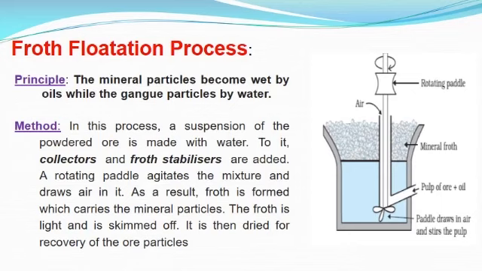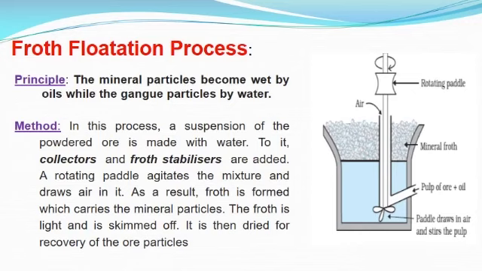The main principle behind this process is that the mineral particles become wet by oils while the gangue particles become wet by water. It means the ore particles are more attracted towards oils, while the gangue or impure particles are more attracted towards water.